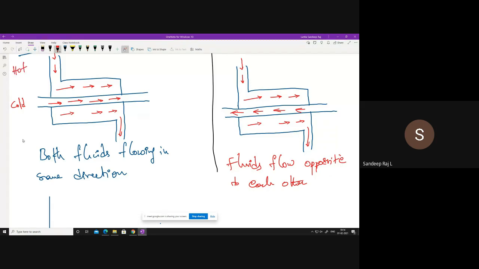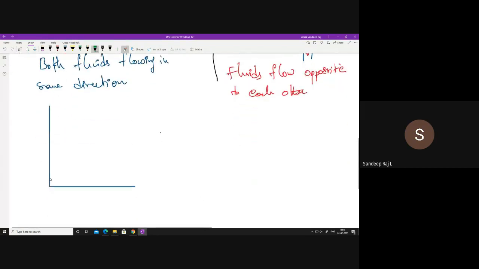Anything you can take, doesn't matter. If it is flowing inside, tell me whether the cold fluid temperature will increase or decrease. Increase. Cold fluid temperature will increase. This is the increase I am showing.